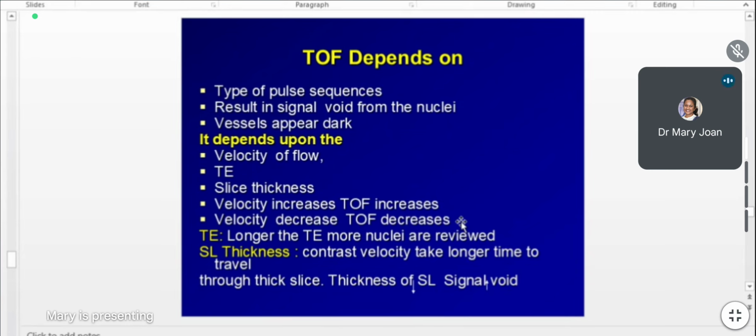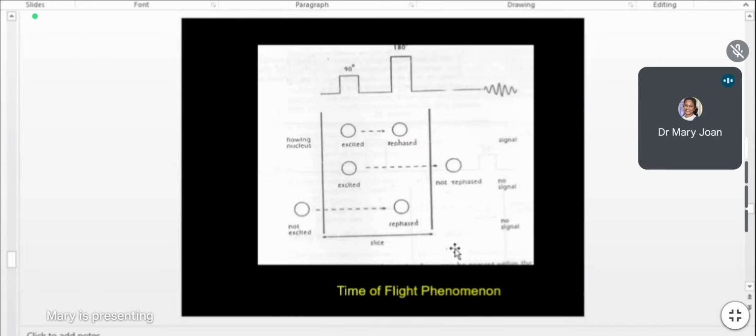The longer the TE, the more nuclei are removed. For slice thickness, the contrast velocity takes longer to travel through a thick slice. So as thickness of slice decreases, signal void increases.